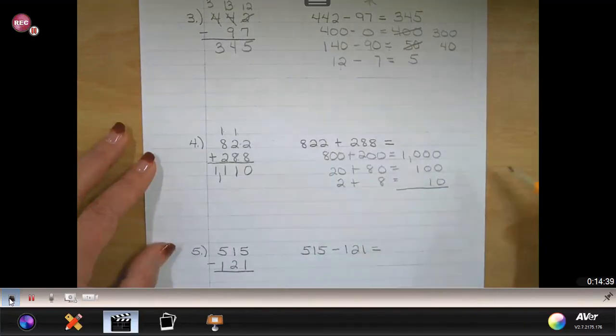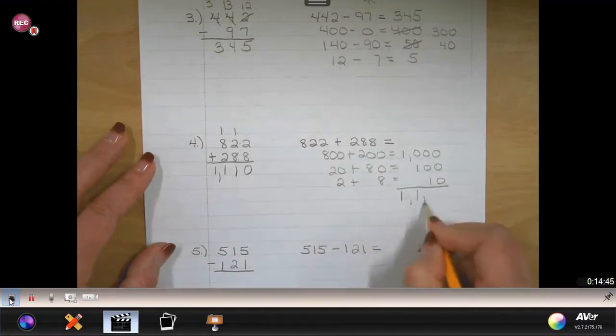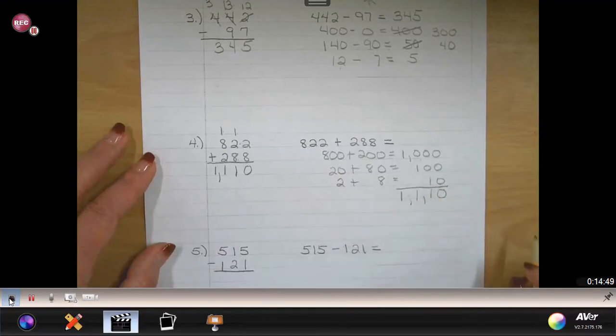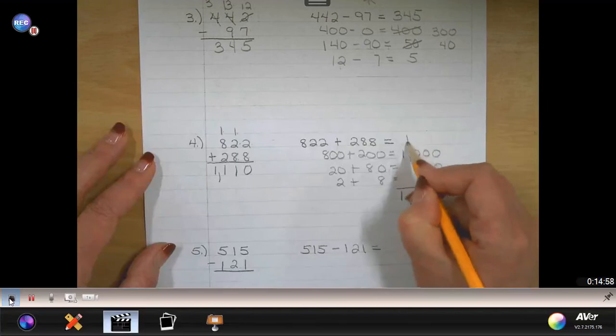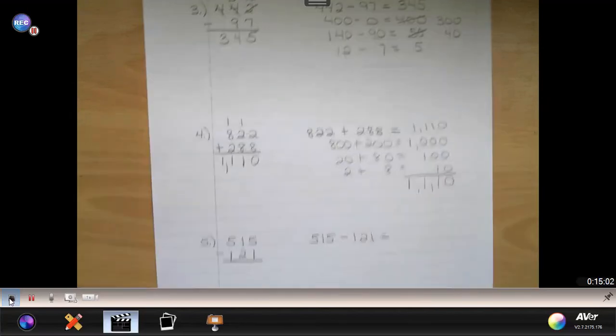So if you notice, we have a 1 in the thousands place, a 1 in the hundreds place, a 1 in the tens place, and a 0 in the ones place. I think I said tens place here, but 0 in the ones. So 1,110 is going to be what we have there.